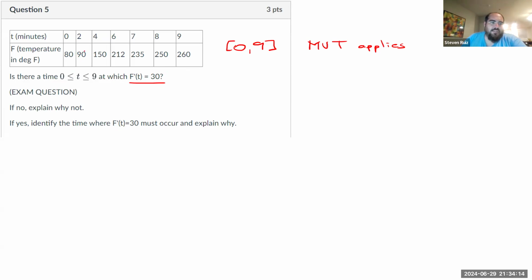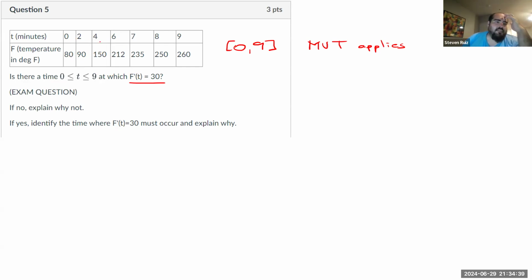I think we can say this verbally. Let's look at the first 2 minutes. Temperature increased by 10 degrees over a period of 2 minutes. That's an average rate of change of 5 degrees per minute. There could be a point in that first interval where f prime of t is equal to 30, but by no means can I guarantee that.